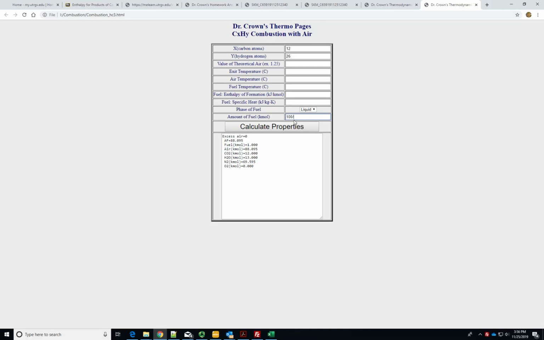And it was dodecane, which has a molecular weight of 170.328. So that is going to change my coefficients because I don't have a mole of fuel. So I have 0.587 moles of fuel. So that's homework 14.1. Homework 14.3 I could also do with my finished program.